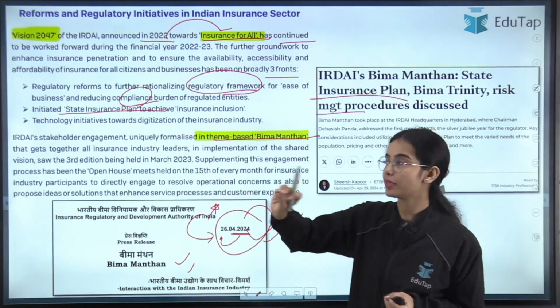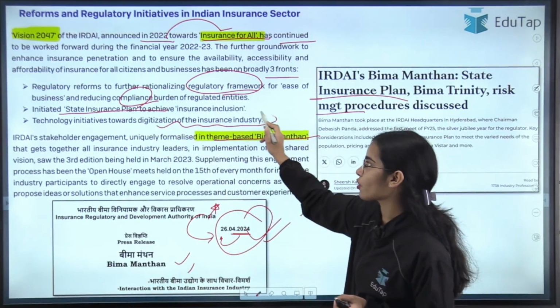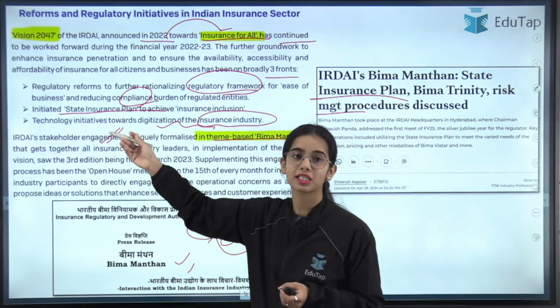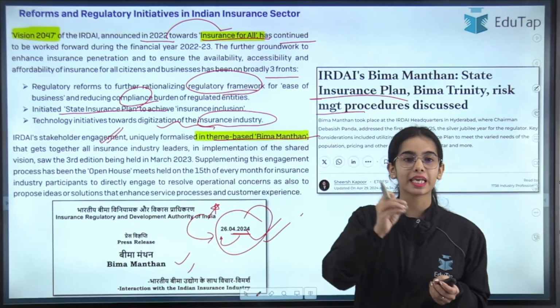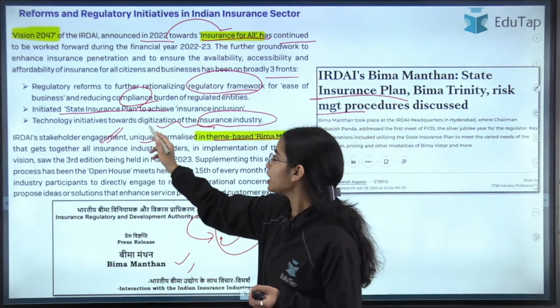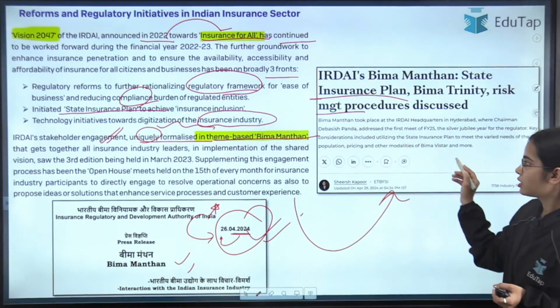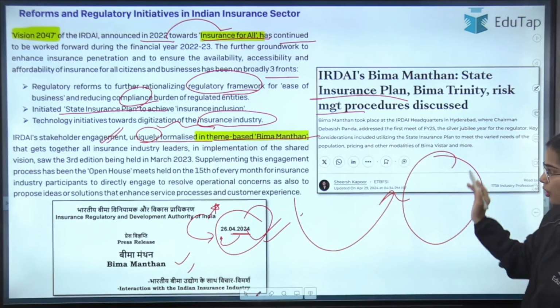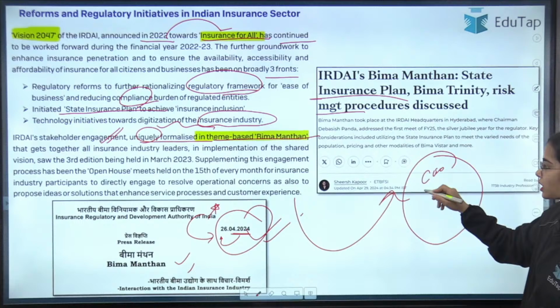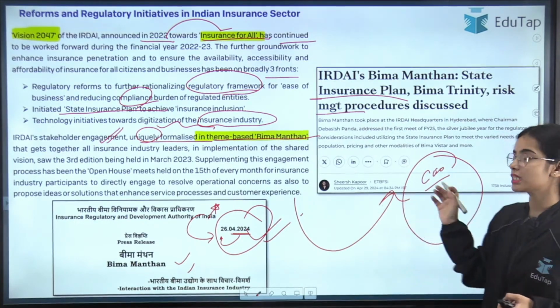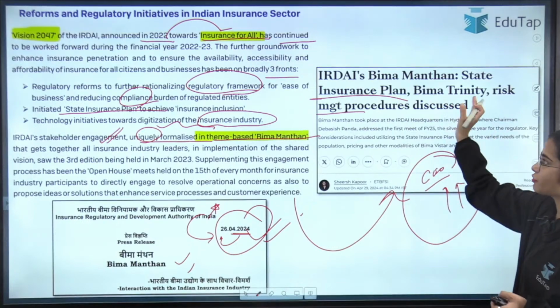Technology initiatives should be taken towards digitization of the insurance industry. And IRDAI stakeholder engagement is required, uniquely formalized in the theme-based Bima Manthan, where the CEOs of the life insurance companies and the non-life insurance companies meet for discussion on different plans.